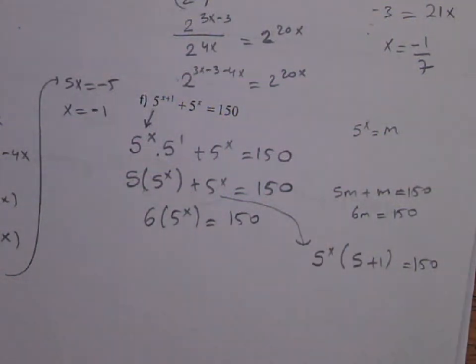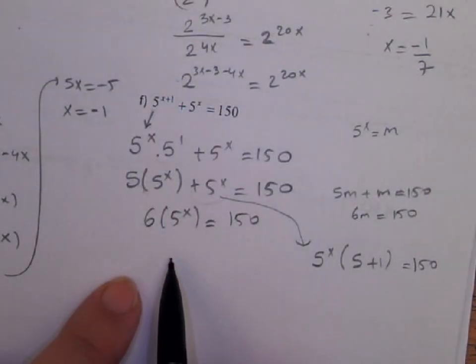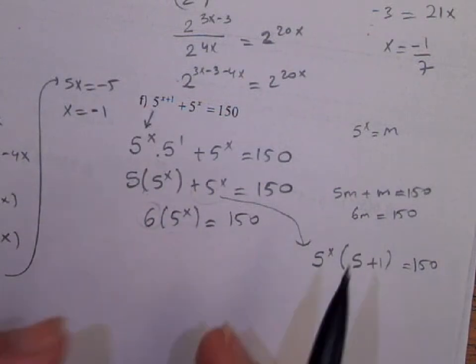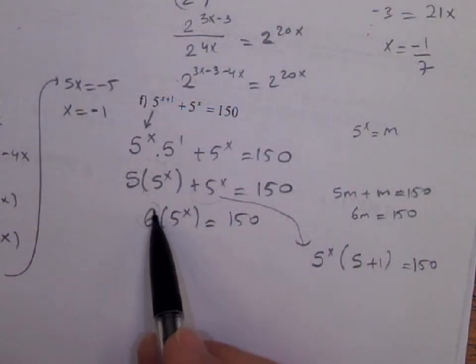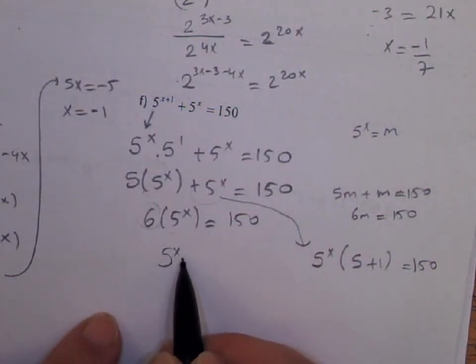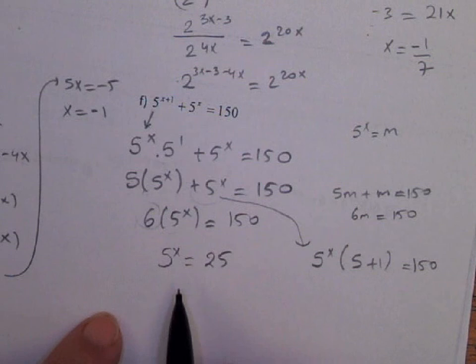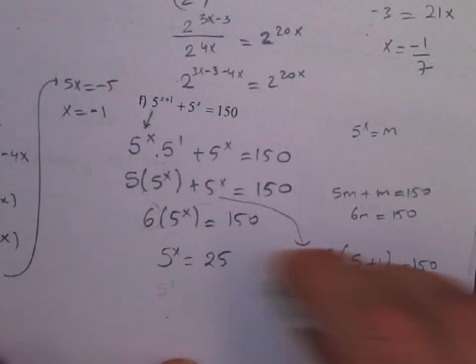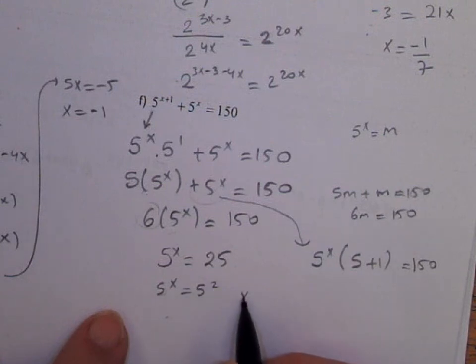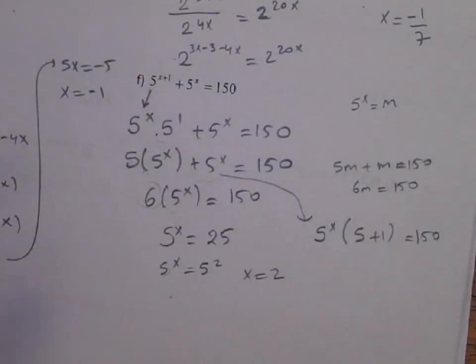So 3 different methods you can think of. Then of course, to be able to solve this, you need to isolate the exponential piece. So 6 you need to get rid of. Divide both sides by 6, you get 25. 5 to the power of x equals 5 squared, and you get x equals 2.